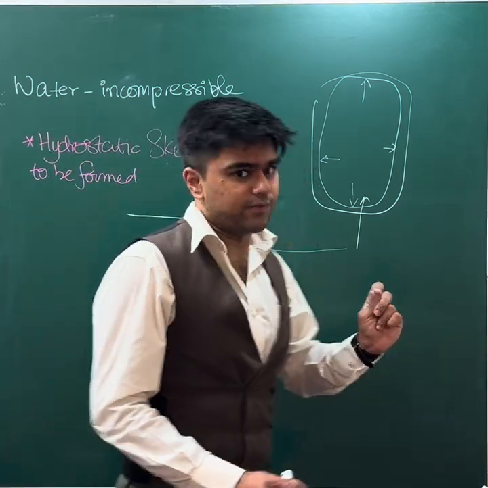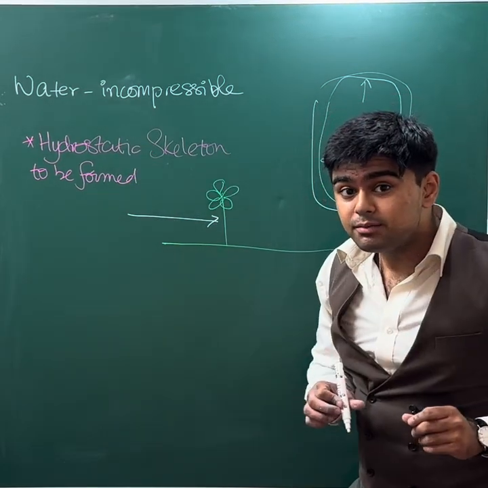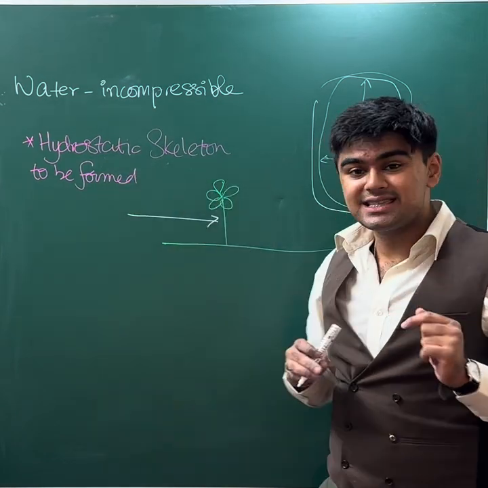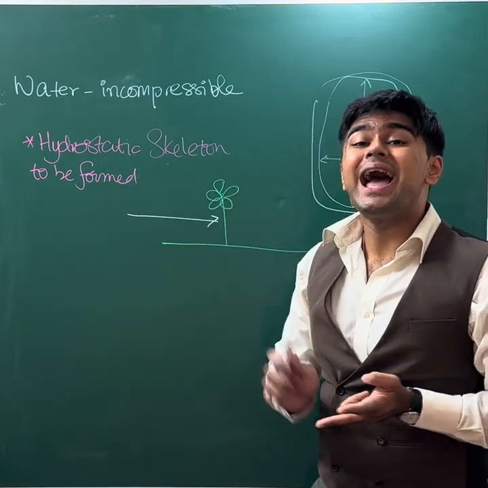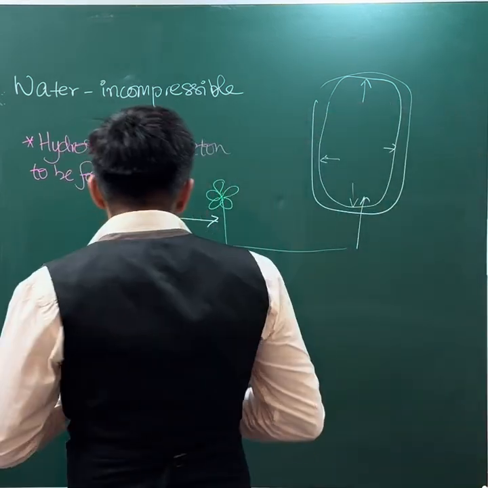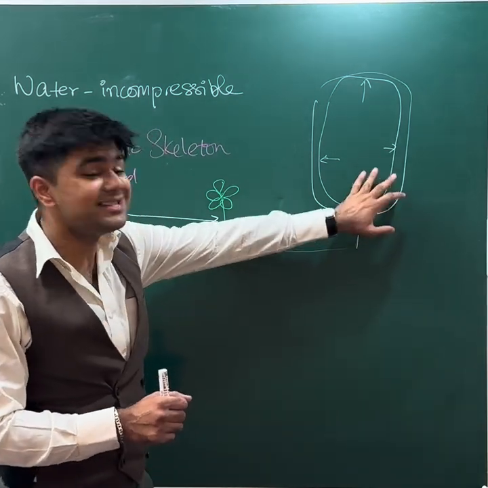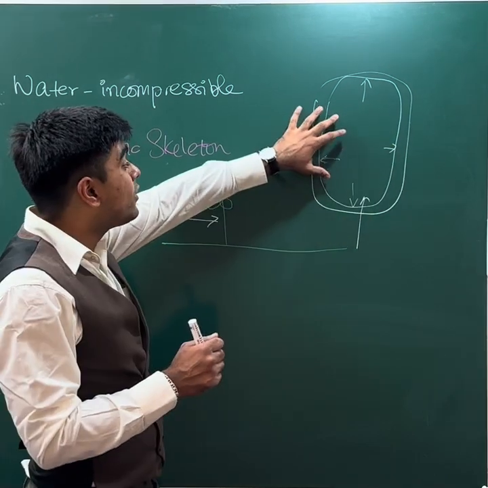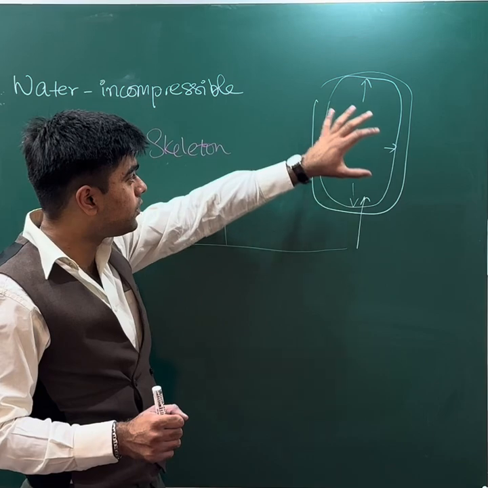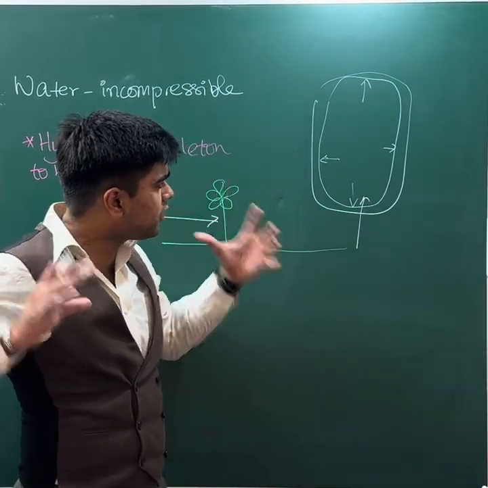So what's the benefit? Okay, let's go over the benefit of water being incompressible. Water being incompressible means that you can have hydrostatic skeletons in things like mollusks or annelids, right? What's the other benefit? Well, because water is incompressible, when the water, because of osmosis, enters your plant cell and cannot exit because of the cell wall, and it cannot be compressed, it pushes outwards with a lot of force.